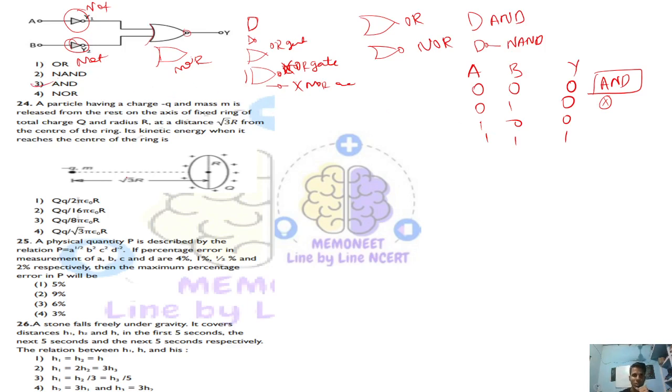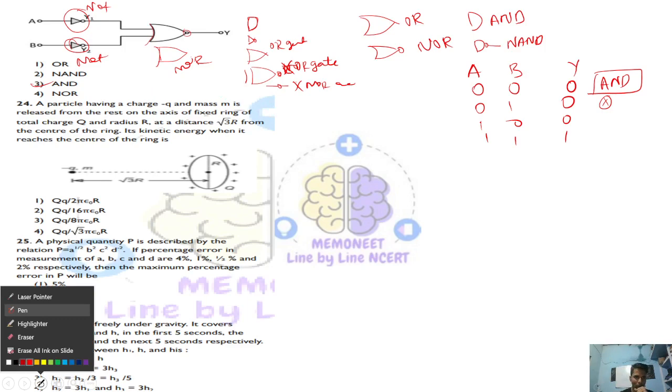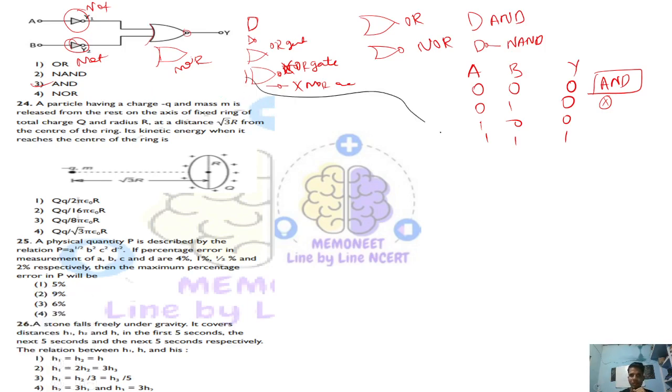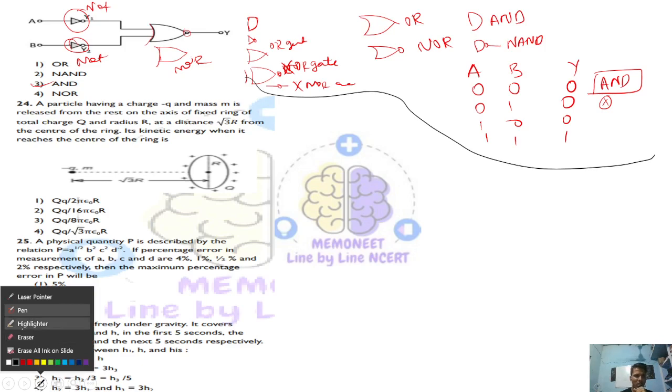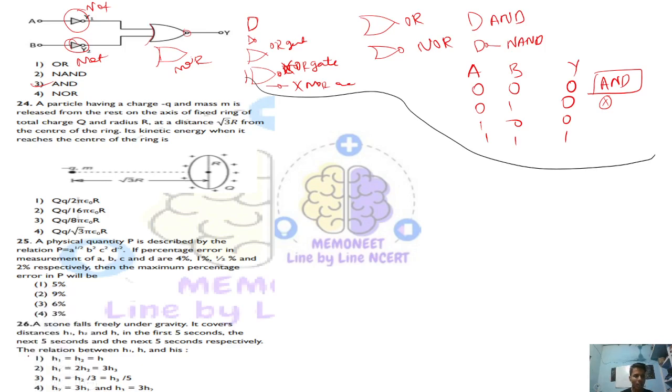Now moving to the next question. I think it's based on electrostatics and mechanics mixed. Let's suppose a particle having charge minus q and mass m is released from rest from the axis of a fixed ring of charge q, at a distance from the center of the ring.